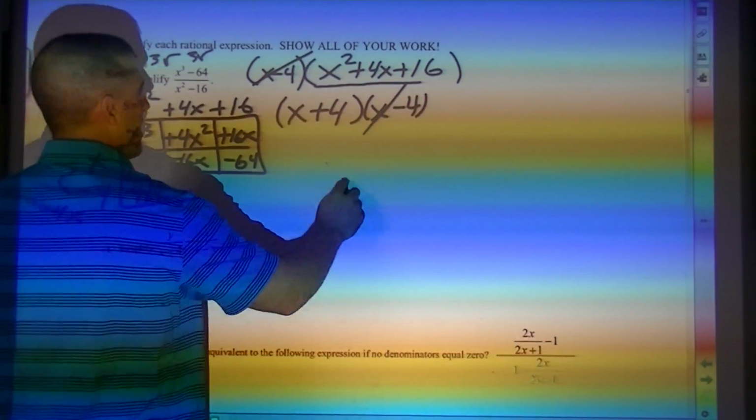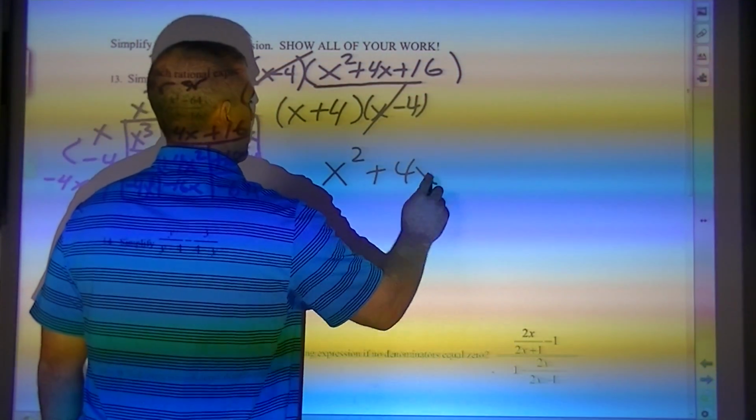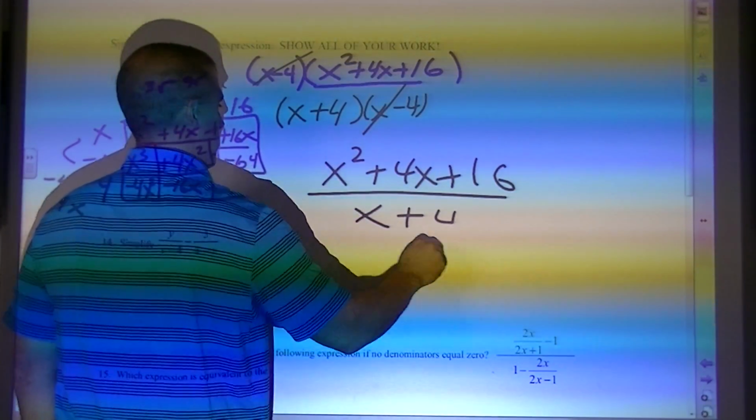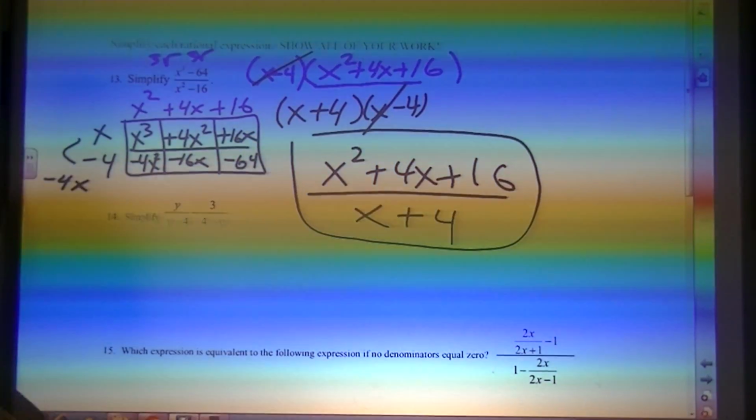The minus 4's cross out. So I'm left with x squared plus 4x plus 16 over x plus 4. All right, there's your answer for that.